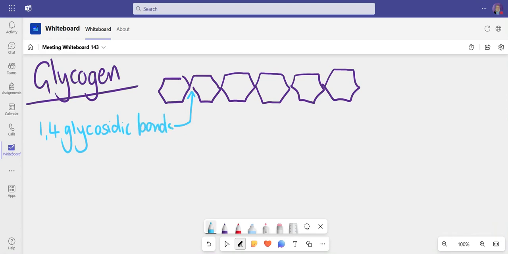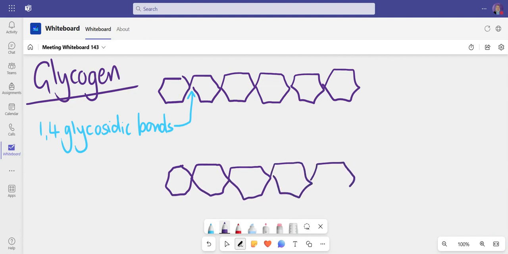Now, glycogen isn't as simple as just a chain like this because it actually has branches as well. So rather than just having a straight chain of these molecules like this, we actually sometimes get a branch coming off. So you know how we have the CH2OH sticking up just there?